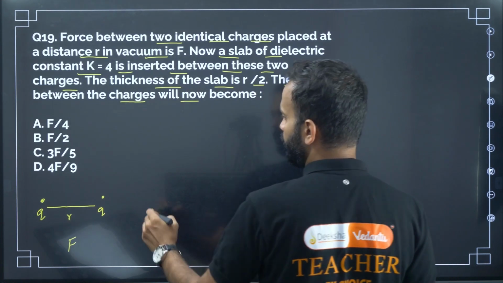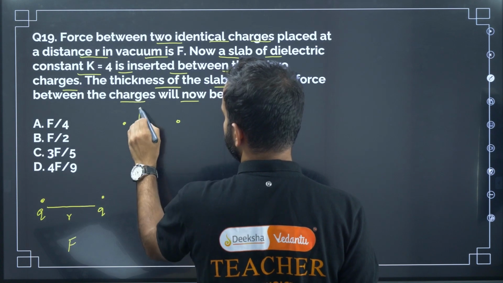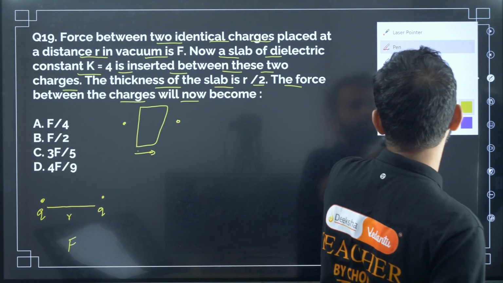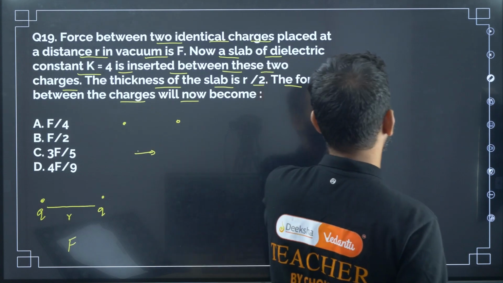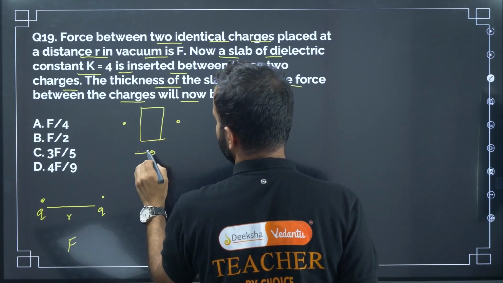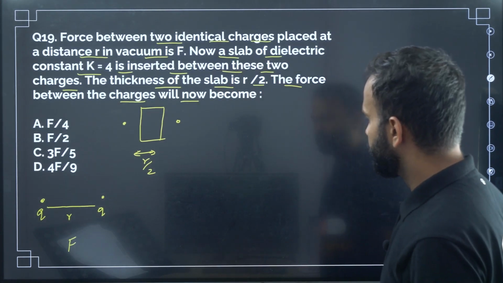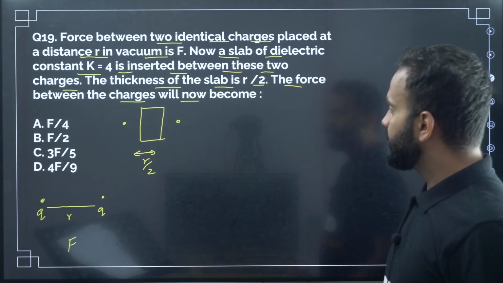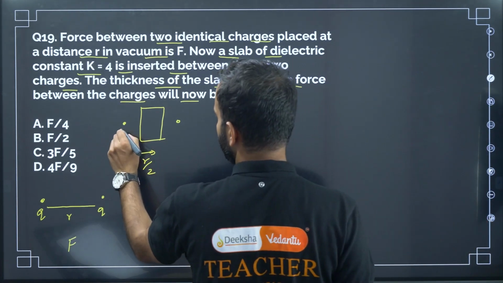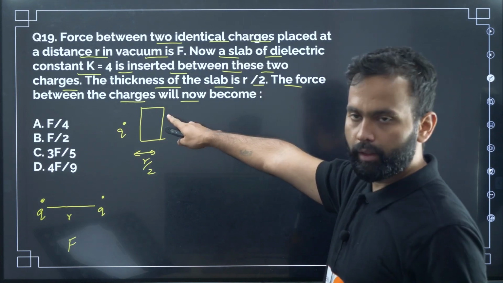So now we have inserted a dielectric slab. The thickness is R by 2. So what is the force between these two charges? Let's suppose the force between the two charges is the same before and after inserting the slab.